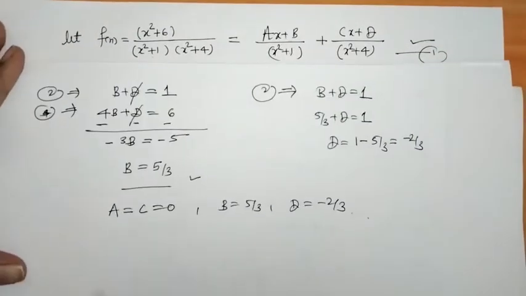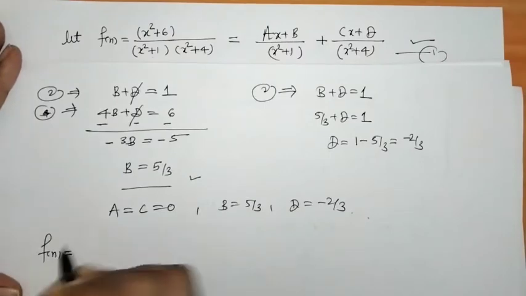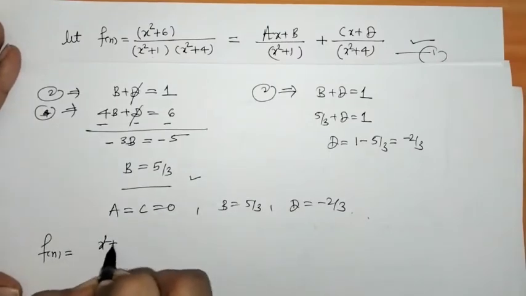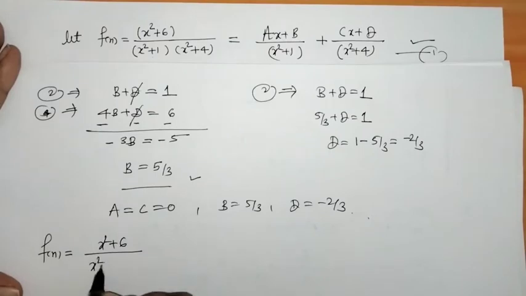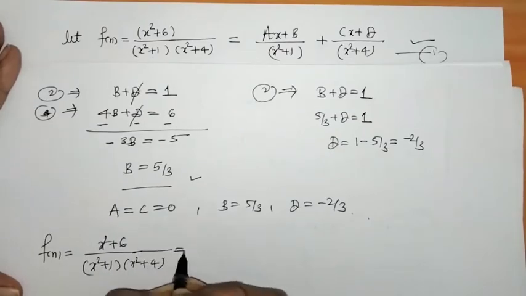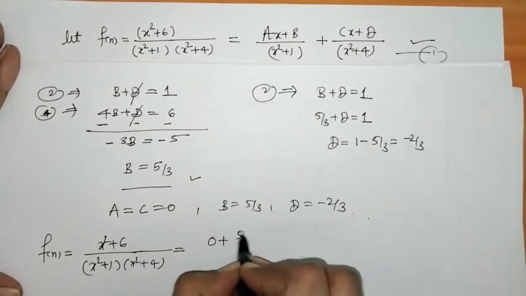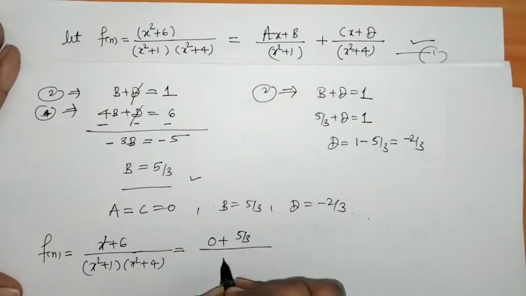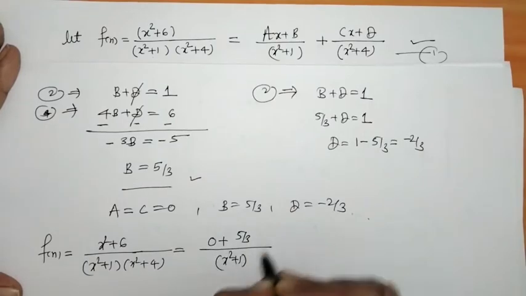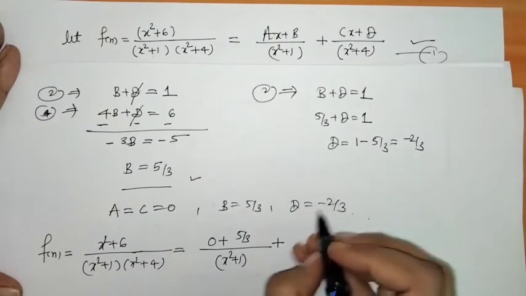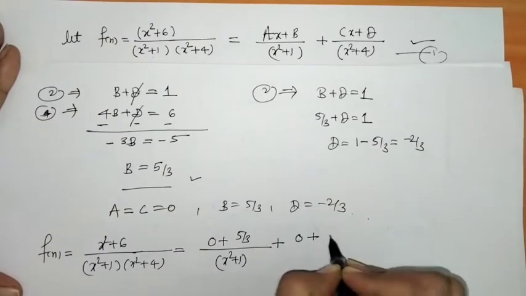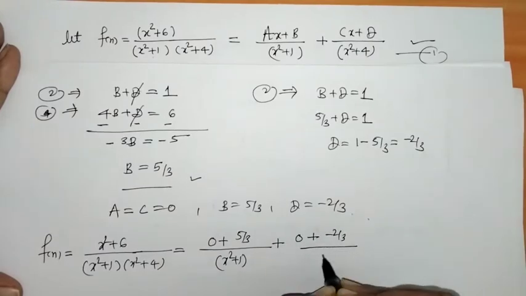So f of x is equal to, by putting these constants, a is equal to 0, b is 5 by 3, c is 0 and d is minus 2 by 3.